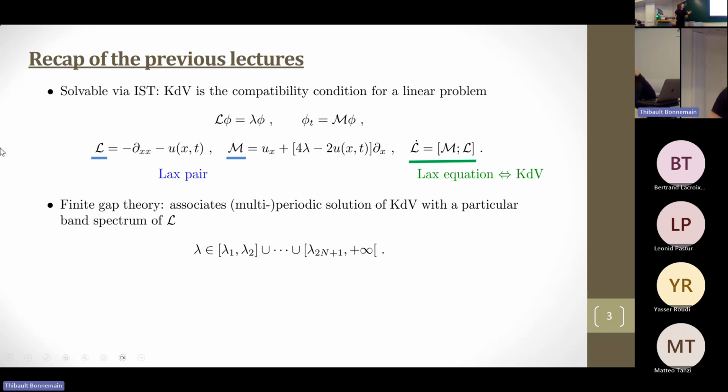Here the endpoints of the band spectrum of this operator completely specify the solution of KdV up to an initial phase. So what is capital N? N is the number of phases. It's a multi-periodic solution. It has n phases.